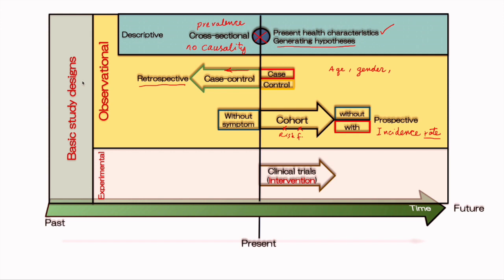Clinical trials also start with individuals, but here the individuals have a condition, unlike the cohort. This condition that they have is actually our dependent variable, and the researcher manipulates or intervenes with an independent variable and observes the influence, the changes that happen based on the problems that they have.